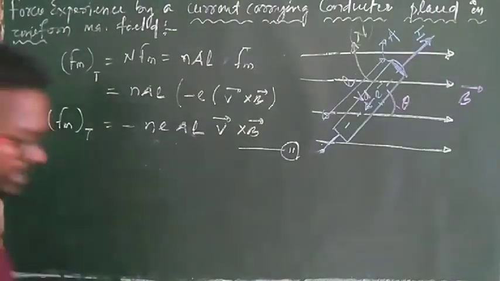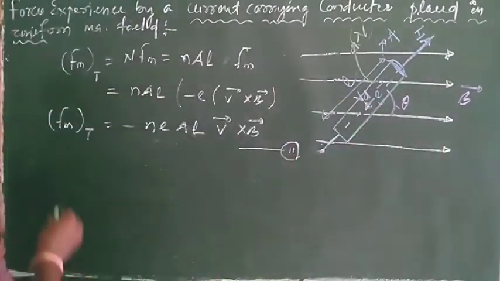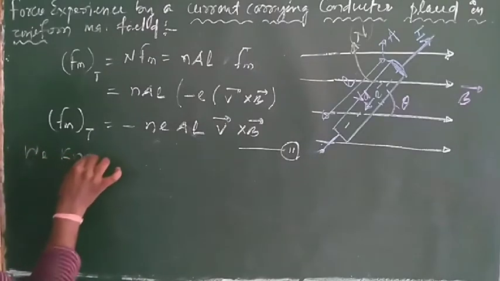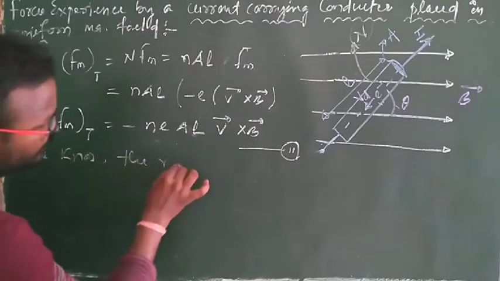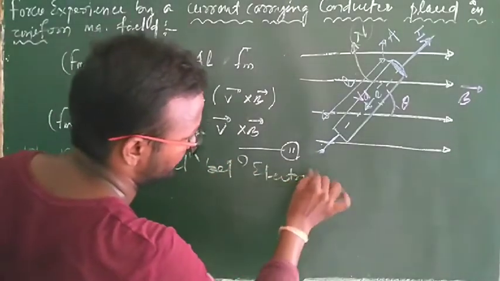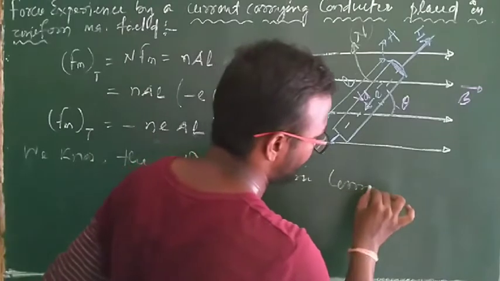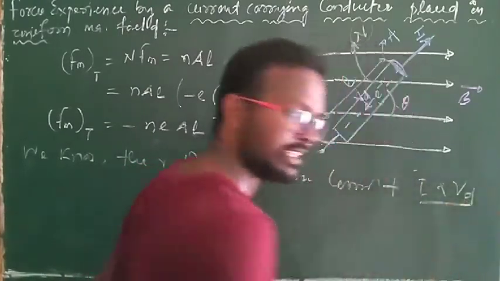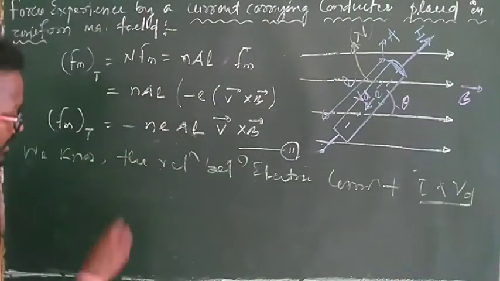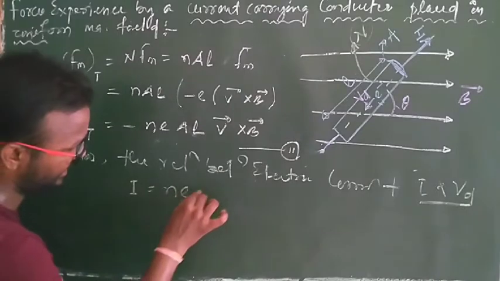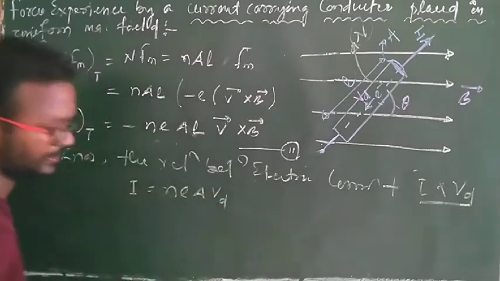But we know the relation between electric current I and drift velocity Vd. What is the relation? I equals n e A Vd.